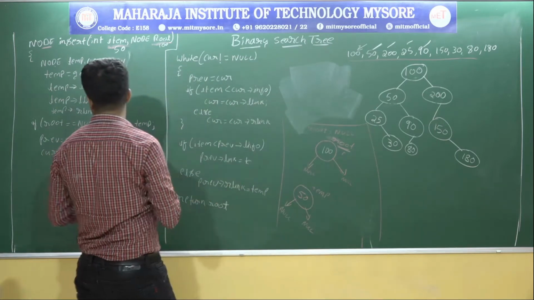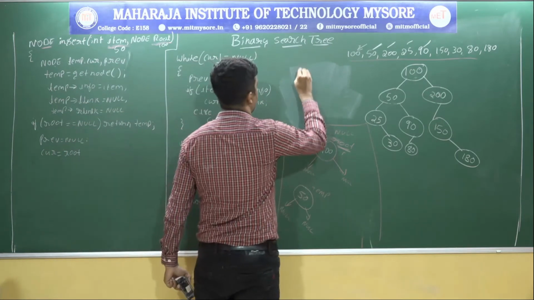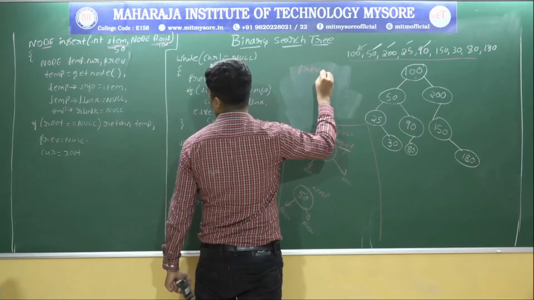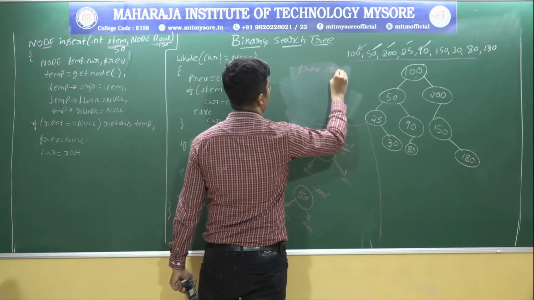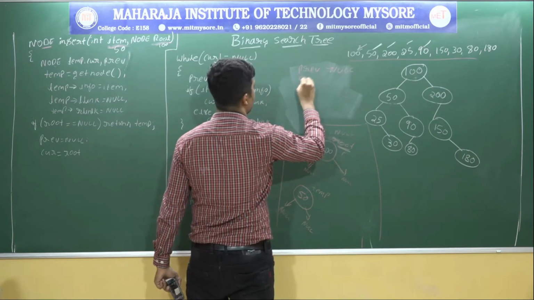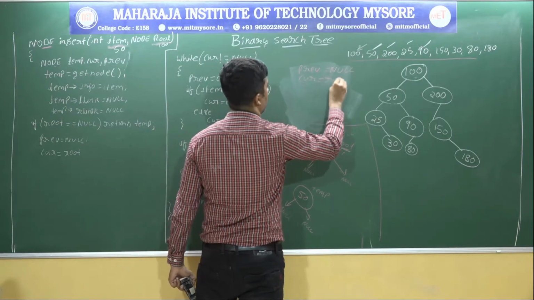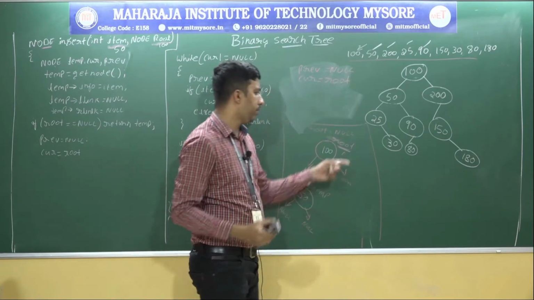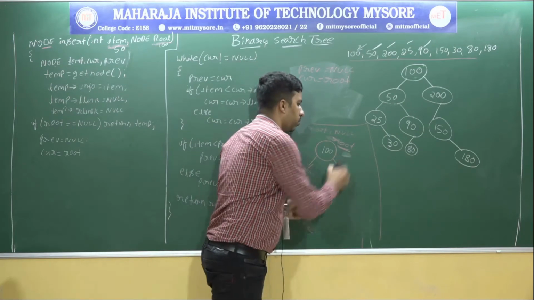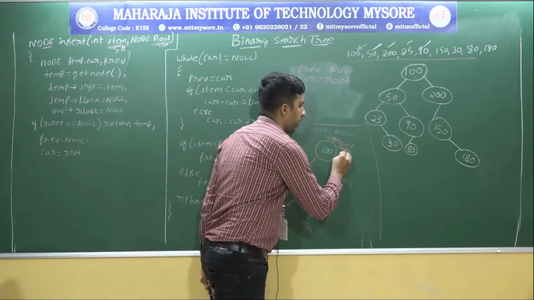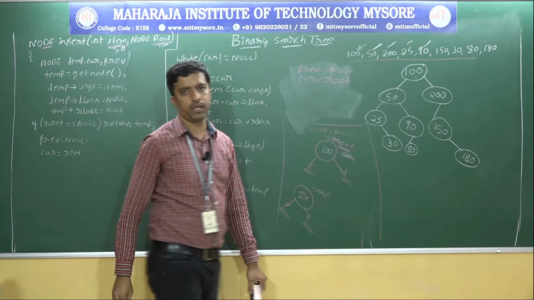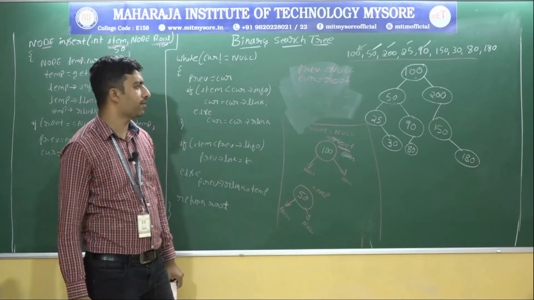Previous is equal to null and current is equal to root. It renames root with one more name, current.